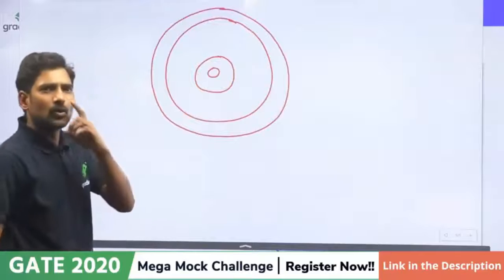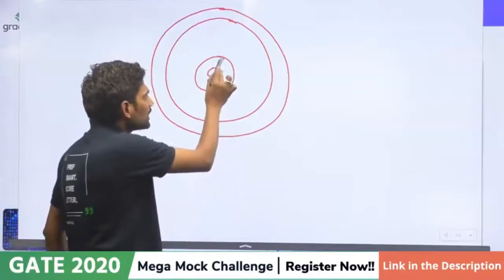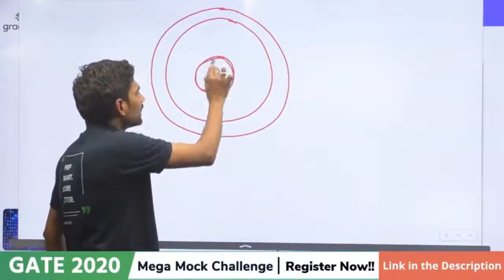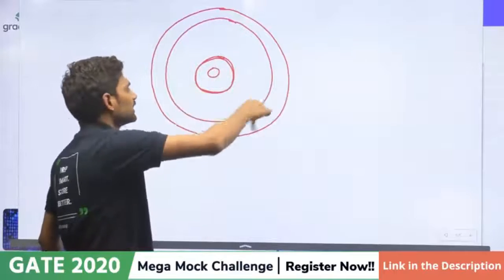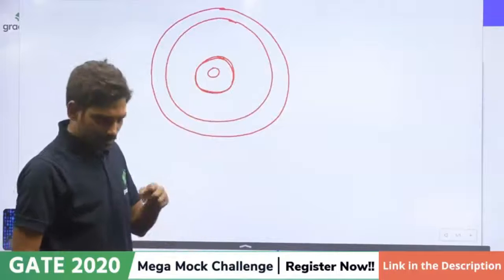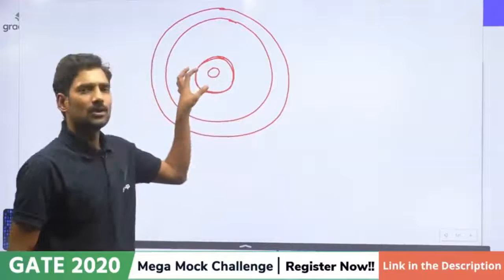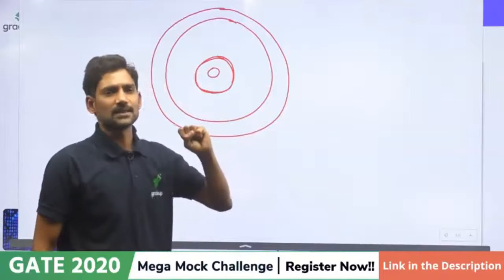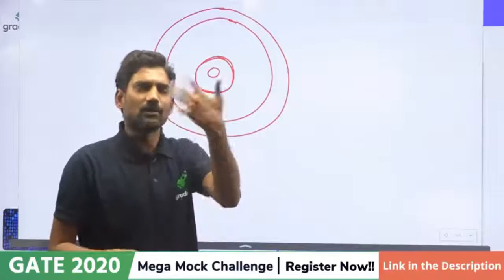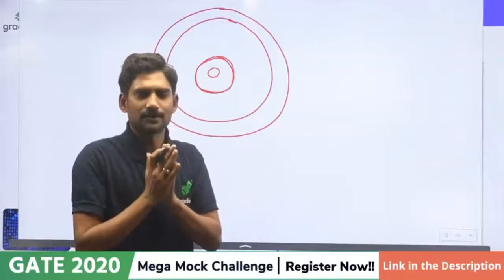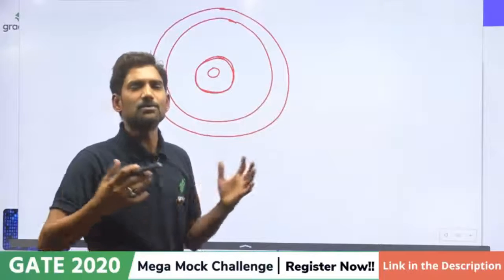This is the outermost track. The innermost track is small and the outermost track is big. It is a very common perception that the innermost track will have fewer sectors because its area or circumference, whatever term you use, is less, and the outermost track will have more sectors because it is big.